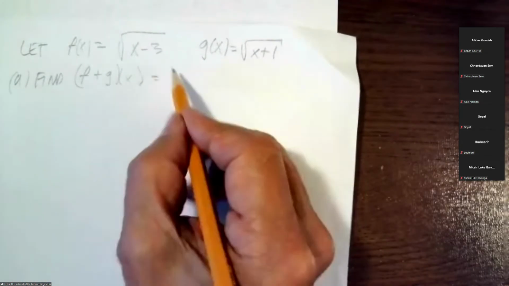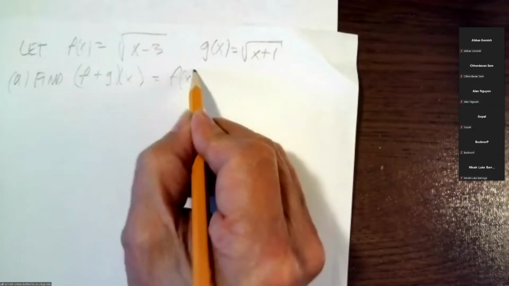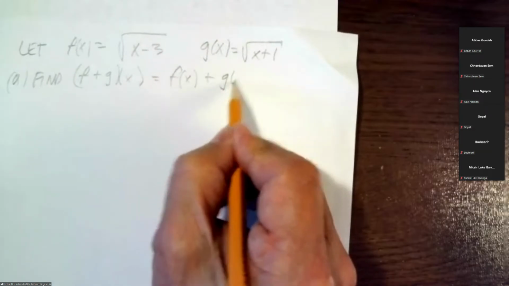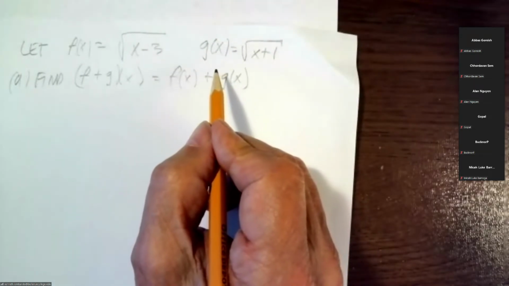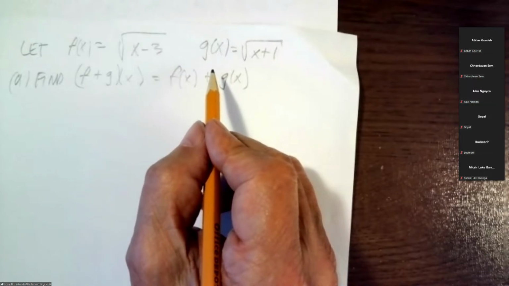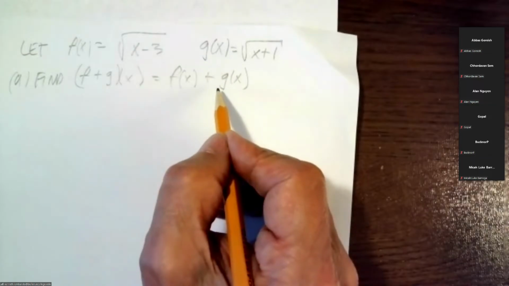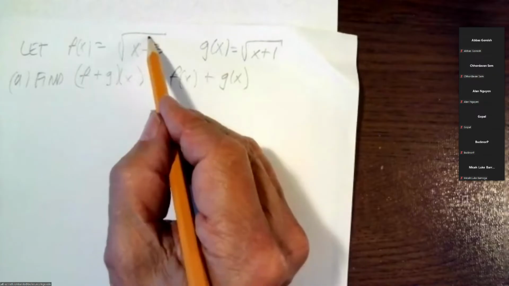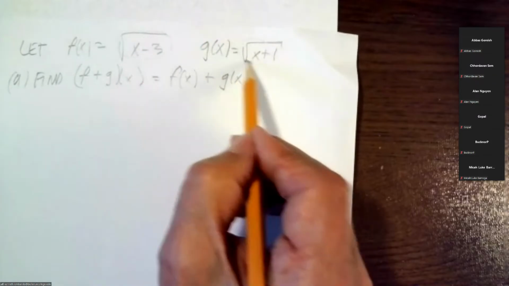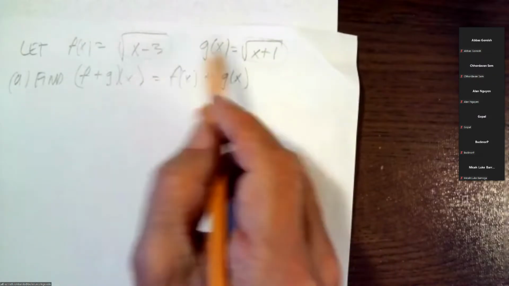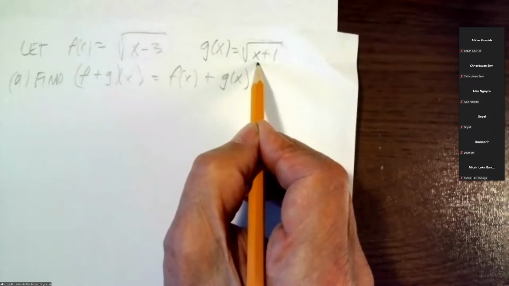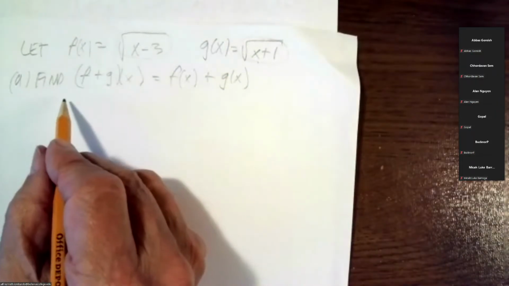So we said that was equal to f of x plus g of x. Are we able to combine these values, root x minus 3 and root x plus 1? Are we able to combine those?